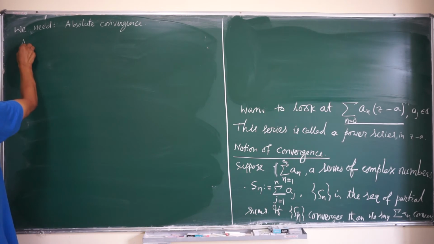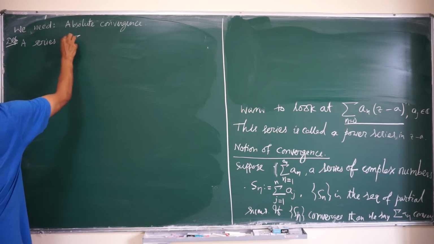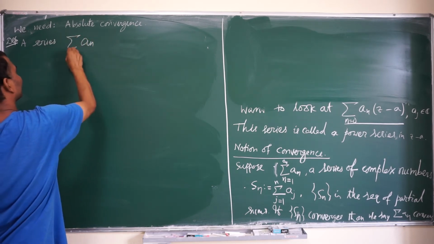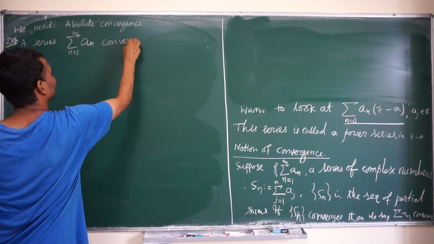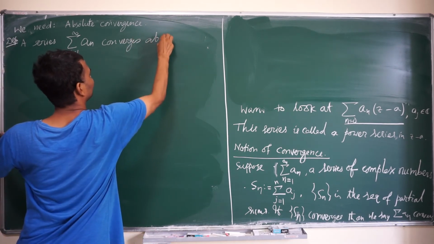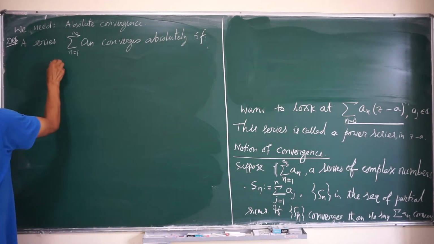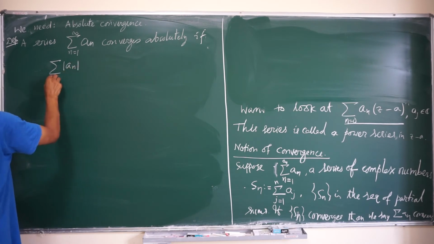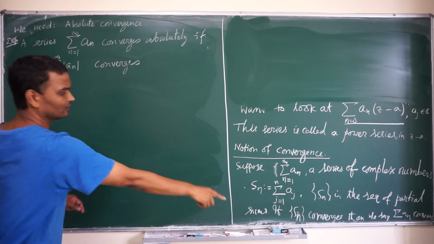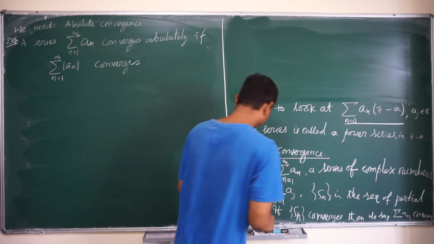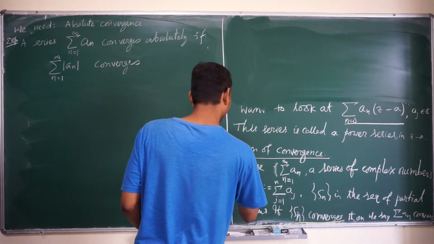So that means, by definition, a series summation a_n from 1 to infinity converges absolutely if summation of mod a_n converges.